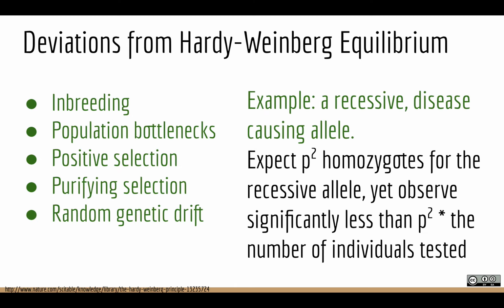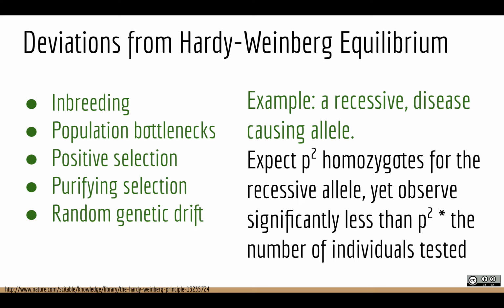Now I just want to touch upon this again. We can use those allele frequencies to estimate the genotype frequencies, but really the interesting bit is testing whether the observed genotype frequencies match what we expect. And if they do, we can say that that site is in Hardy-Weinberg equilibrium. But what if it's not? So-called deviations from Hardy-Weinberg equilibrium.